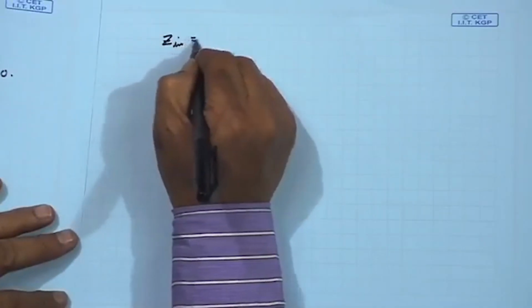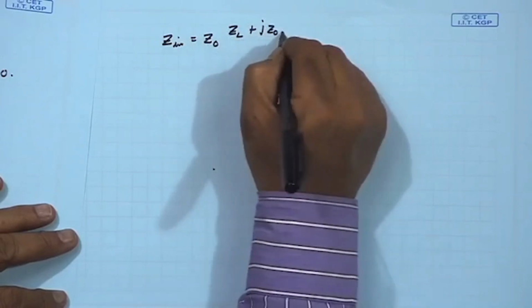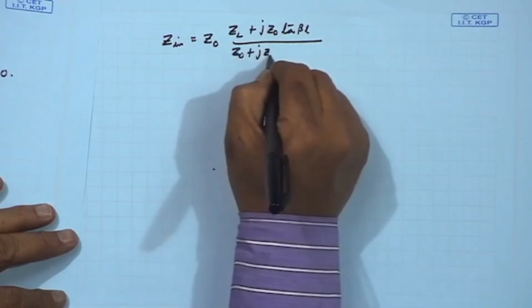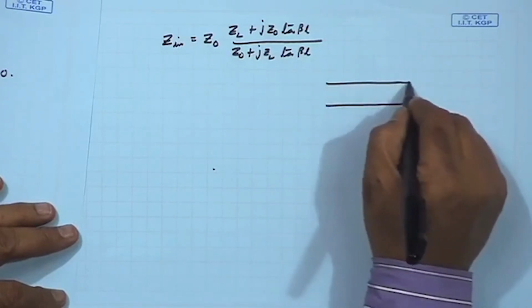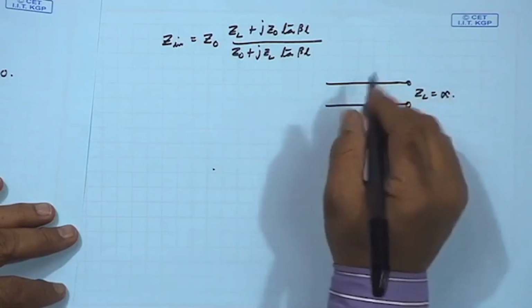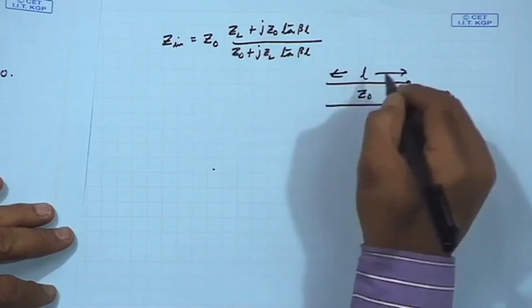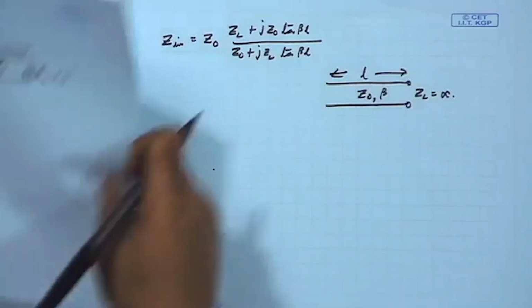Similarly, let us do this again. Write Z in is equal to Z naught times (Z L plus j Z naught tan beta L) by (Z naught plus j Z L tan beta L). This time let us put an open circuit, Z L is equal to infinity, and this Z naught is, as before, L, and the propagation constant is beta.